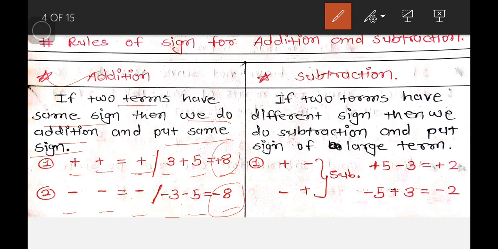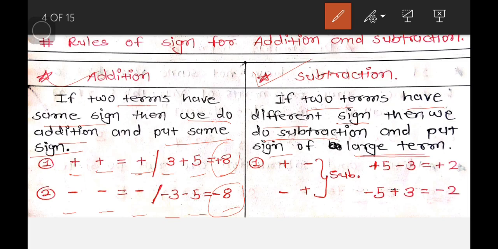Now about subtraction. If two terms have different signs, then we do subtraction and put the sign of the larger term.